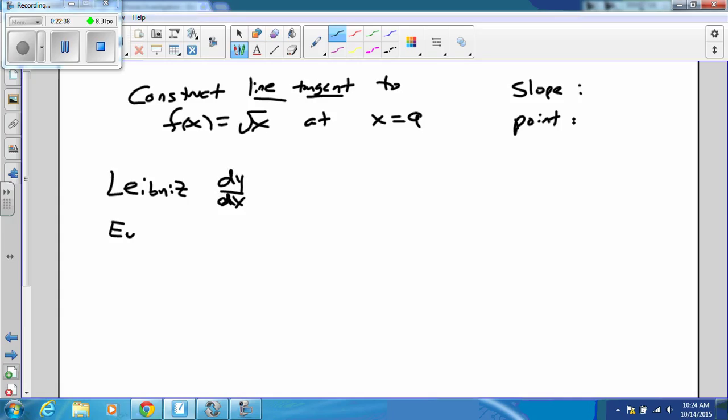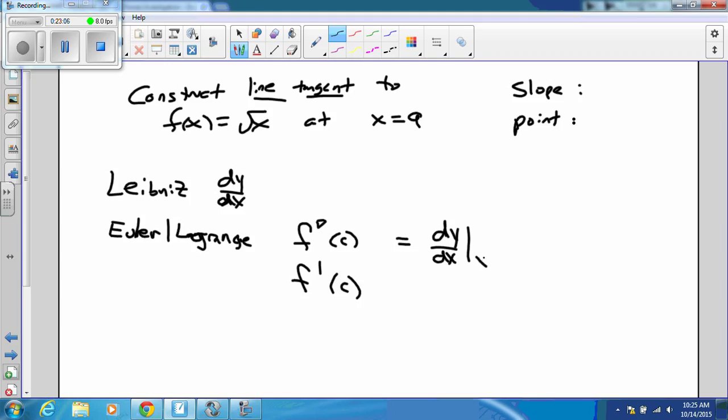That way doesn't get picked up, but Euler and Lagrange, mathematicians coming after him, have their own notation that I want to share with you, and that notation is going to be f prime of c. In the book, it looks like this. It's just an apostrophe. So you can write it like that if you want to. I use a downward pointing triangle. Notice it's downward, not upward pointing triangle, to indicate the prime sign. And this is exactly equal to dy dx evaluated at x equals c. These are synonyms for each other. You're going to see both of those pieces of notation.